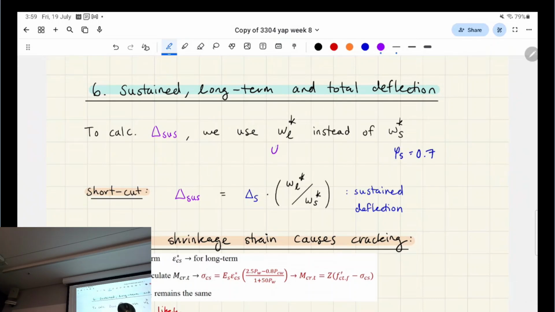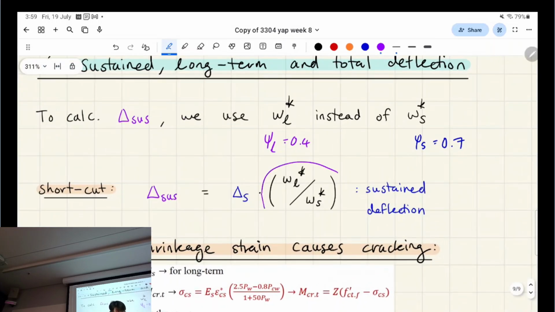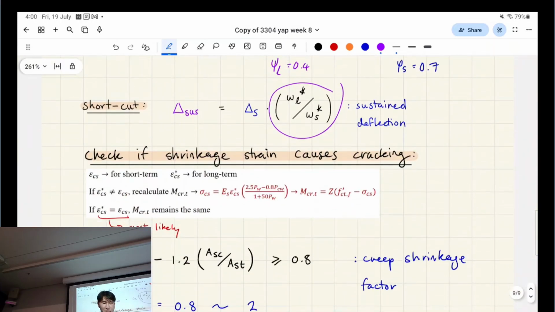The long-term factor is something like 0.4. So this sustained deflection will be a lower number than your short-term deflection. But instead of doing all our calcs all over again, we literally just divide out the short-term and then multiply it by the long-term. And boom, we all of a sudden have our sustained deflection value.